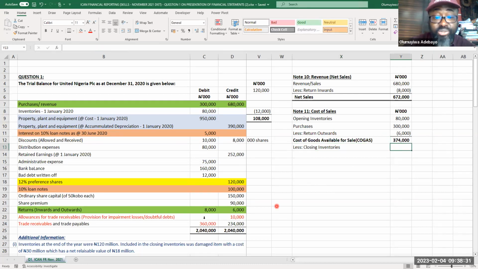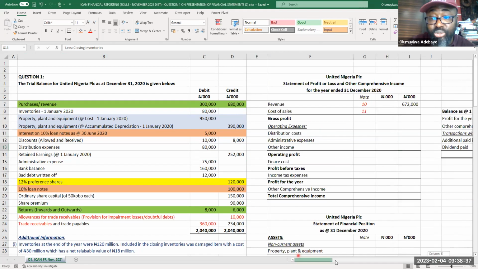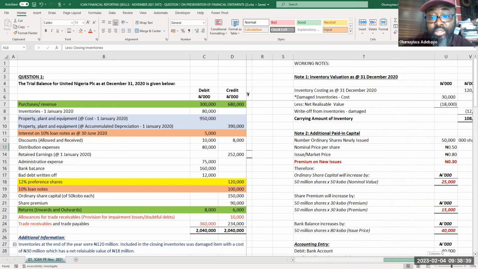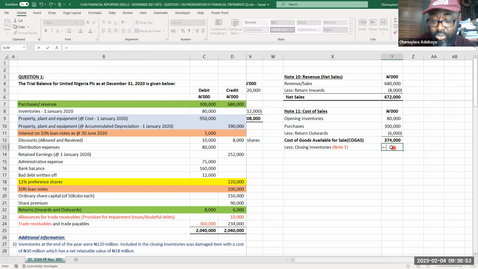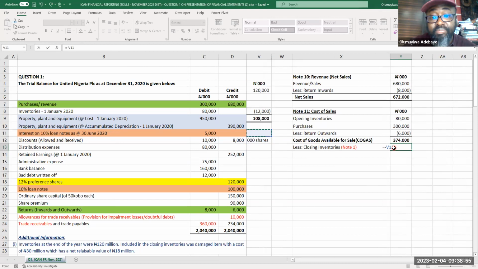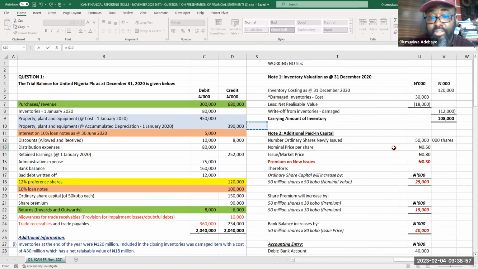And less my closing inventory. Remember my closing inventory, you can see that from notes. What notes? I think that was the first note. Refer to note 1. Can you see it?